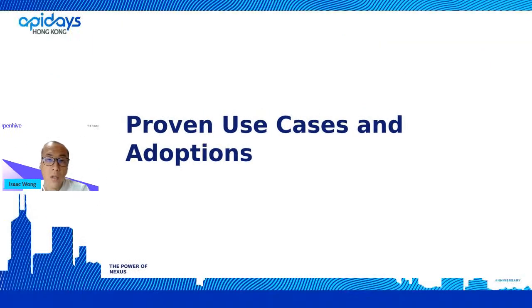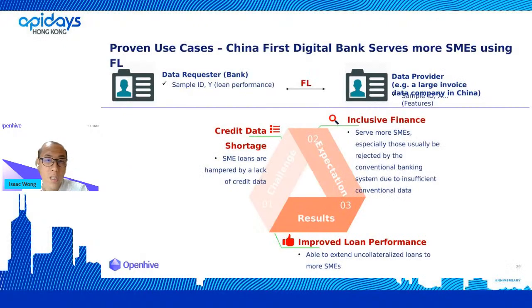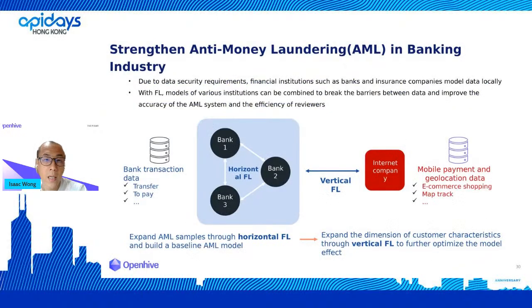Then I'll try to show you different versatile use cases across different industries for federated learning and their adoptions. For example, in finance, FSI, we have underwriting use cases making use of federated learning, and also in the area of anti-money laundering, making use of federated learning to build more accurate models.